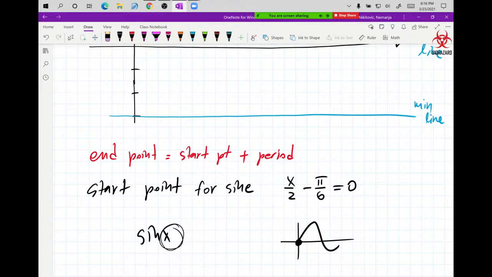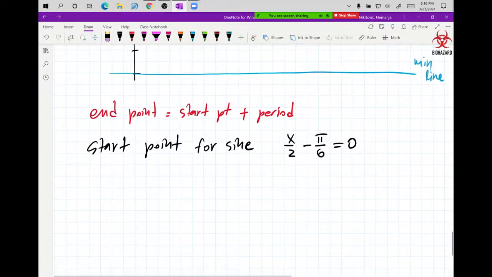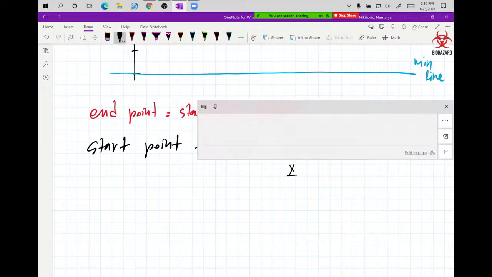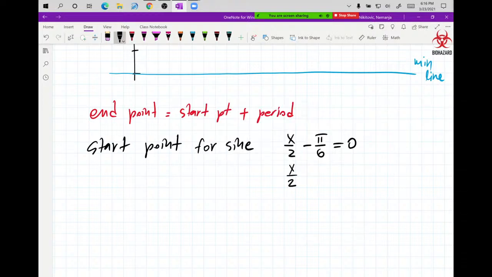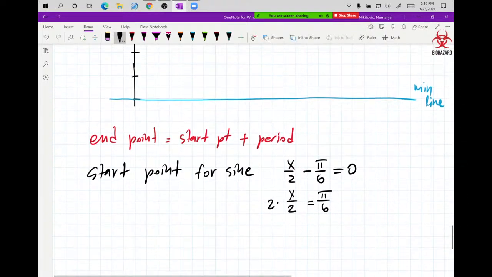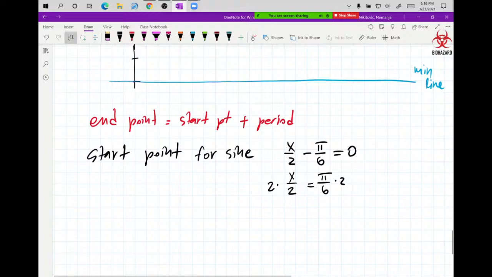So instead of having x equals 0, you put that mess equal to 0. And now that is going to change into x over 2 equals pi over 6, and then times 2 both sides, x equals pi over 3. There's your start point. Pi over 3 is your start point.